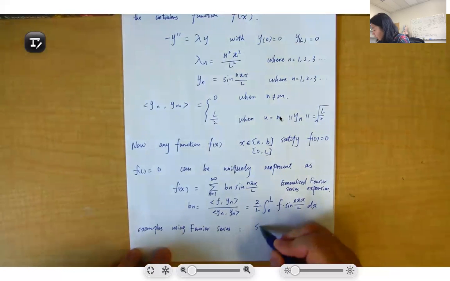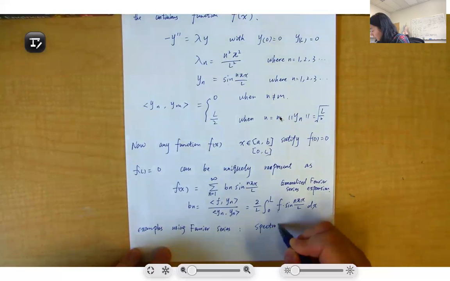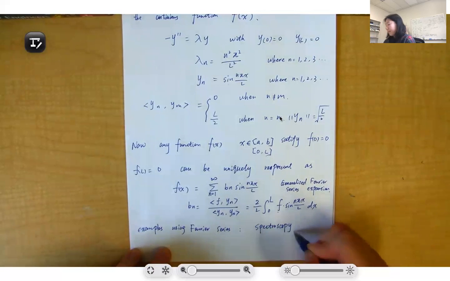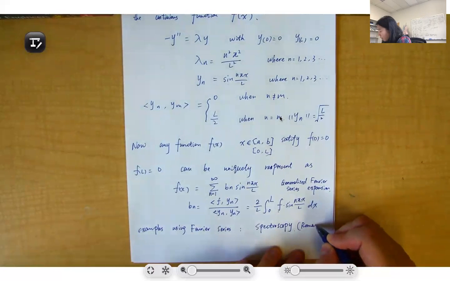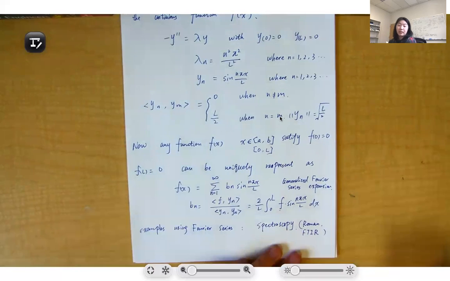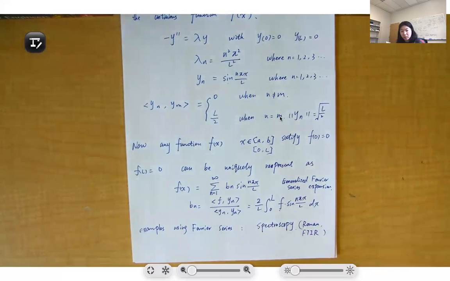One is spectroscopy. For example, you can have Raman or FTIR or similar spectroscopy. Without Fourier transform, spectroscopy wouldn't exist with the current technology.